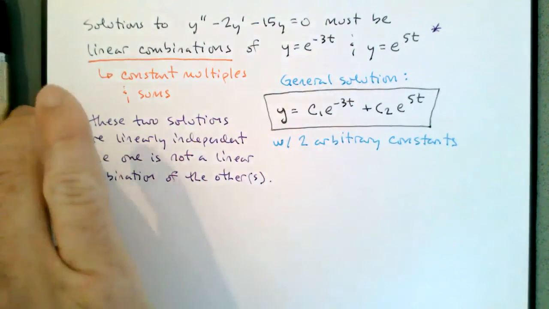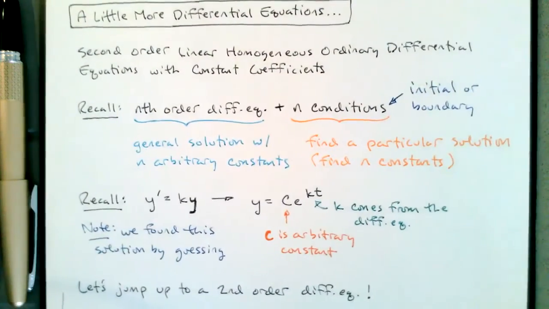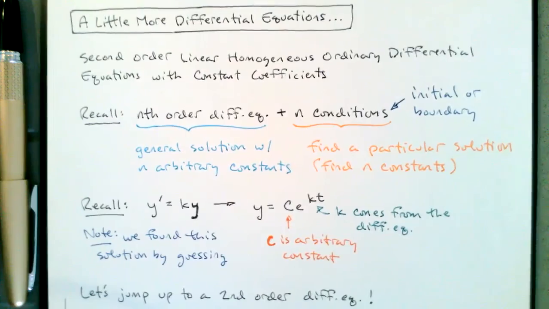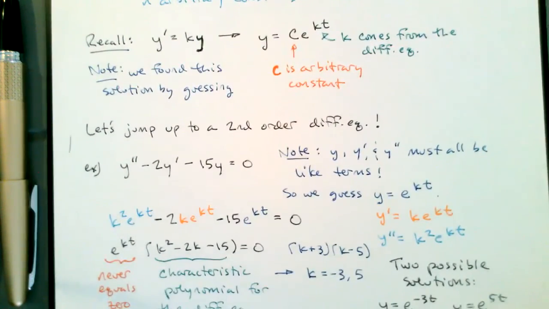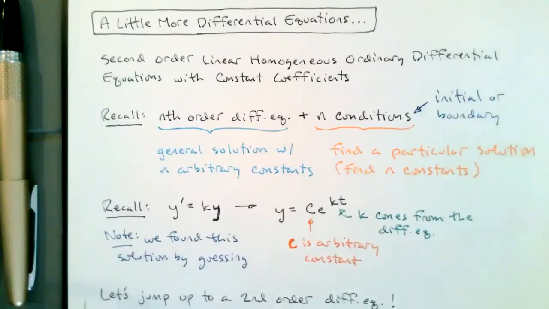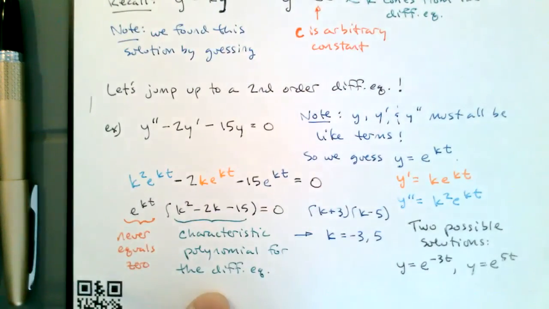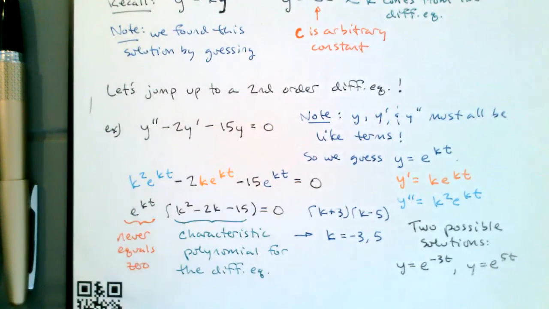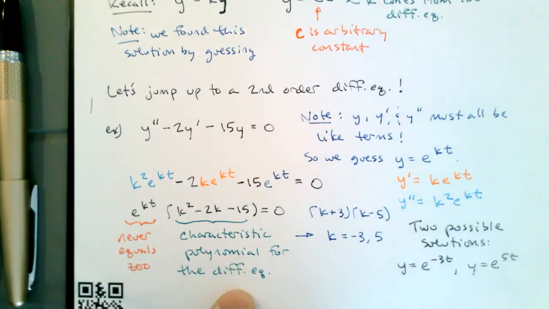So the interesting thing is that when we have a differential equation of this type, linear homogeneous with constant coefficients, our guess is always going to be the same. We're going to guess an e to the kt, and that's going to lead to this characteristic polynomial.